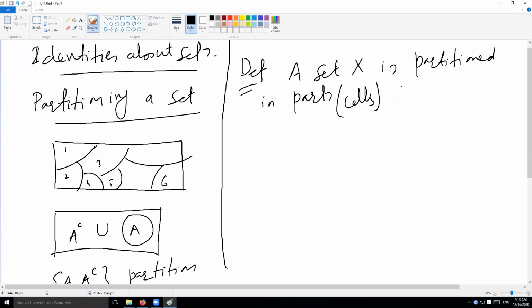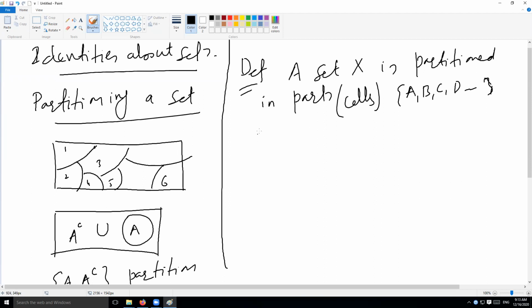Partitioned in cells. Let's give these cells names, say A, B, C, D, some sets. Not necessarily 3 or 2 or 4, they can be anything.